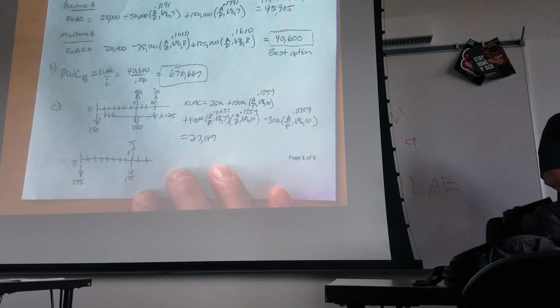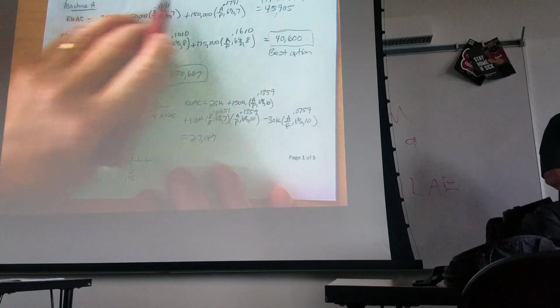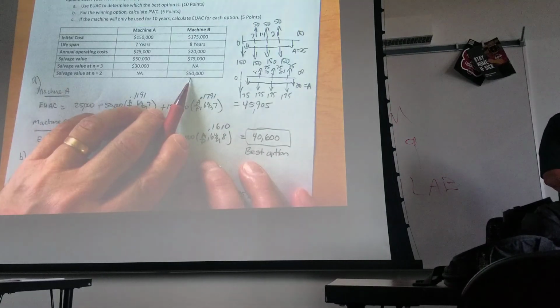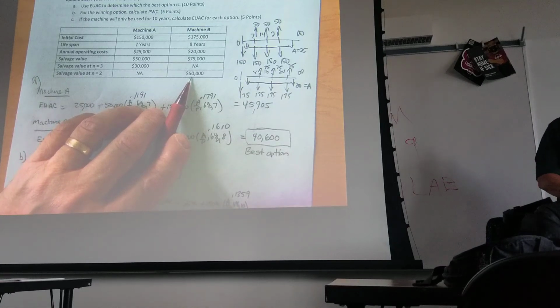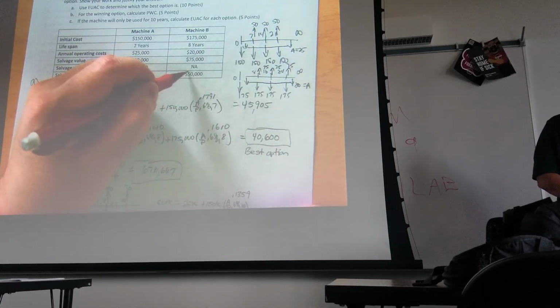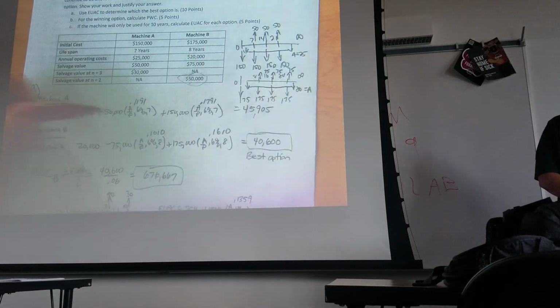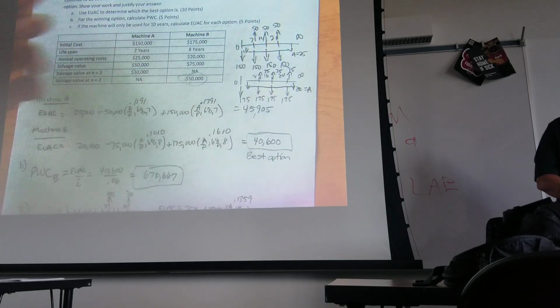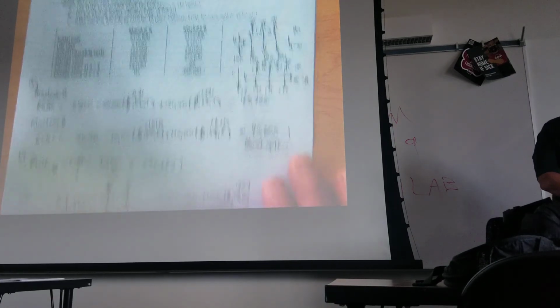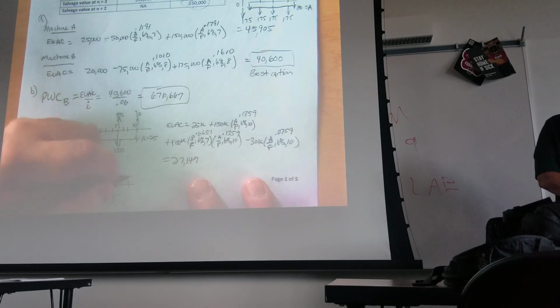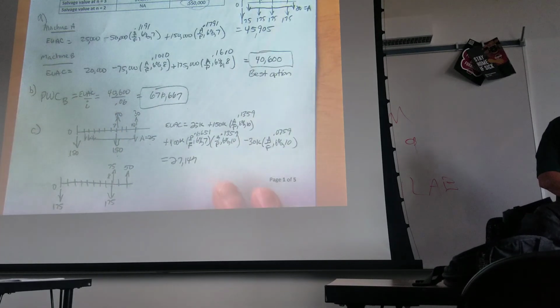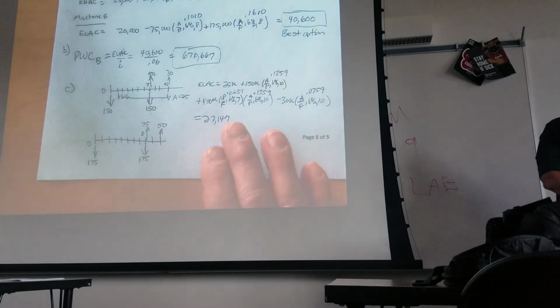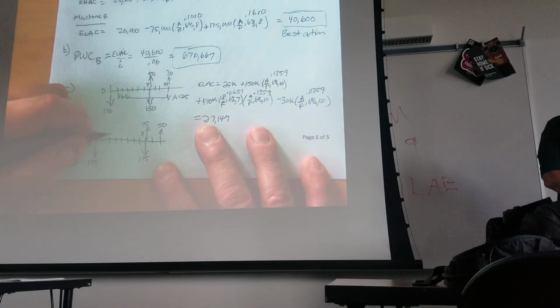The salvage after 2 years is, I should have put something higher there. That didn't make a lot of sense. Okay, well, we'll just roll with it. I should have put like 150 instead of 50, but we'll just roll with 50. And then every year is 20,000.